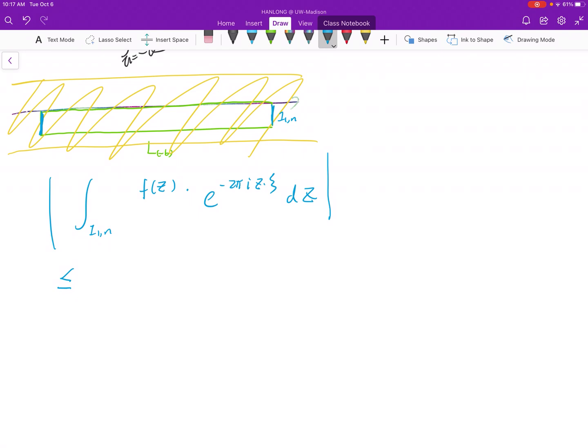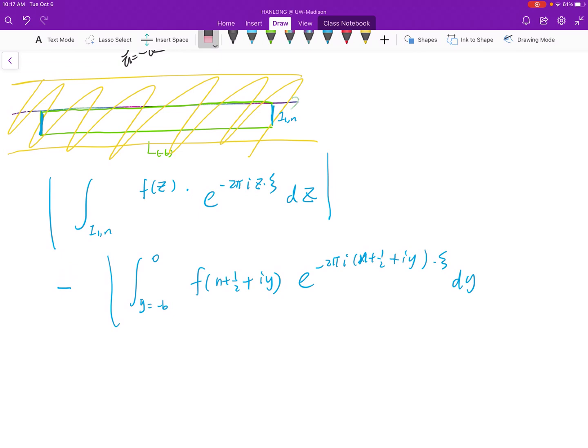So this will be less than the integration for y from negative b to 0 of f(n plus 1/2 plus iy) times exponential negative 2 pi i (n plus 1/2 plus iy) c dy. This is the equal sign.